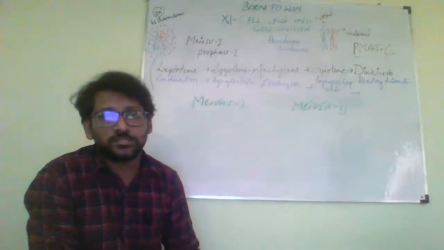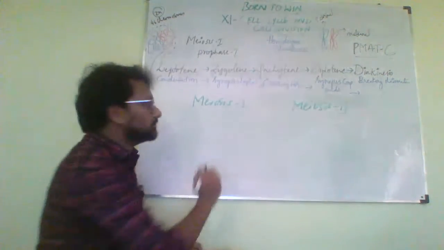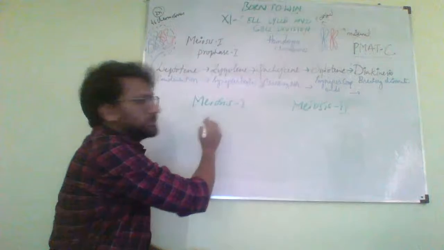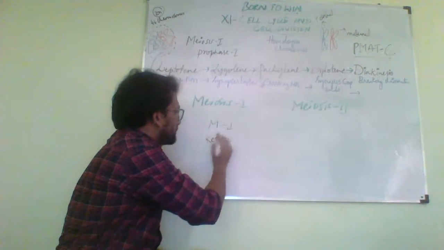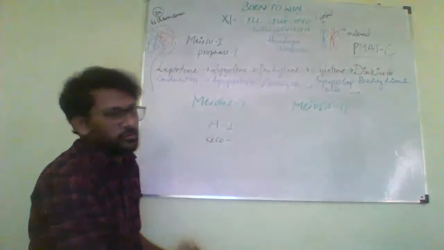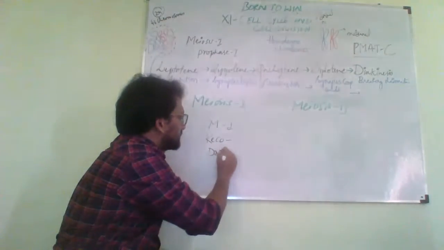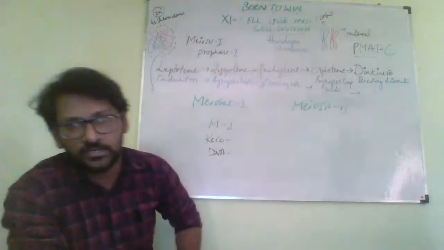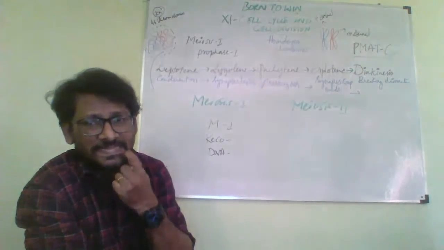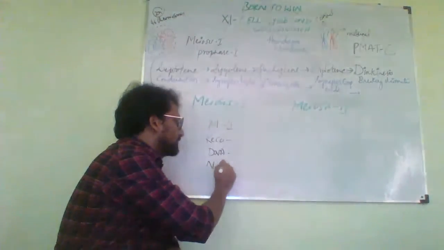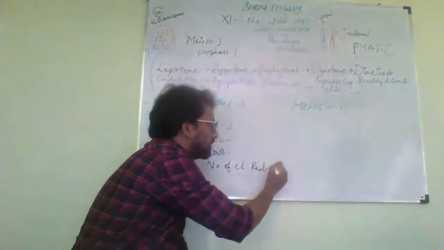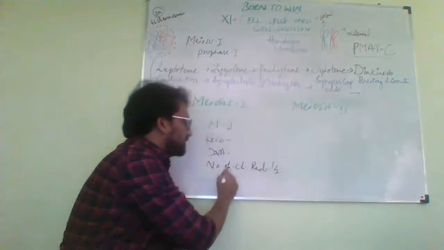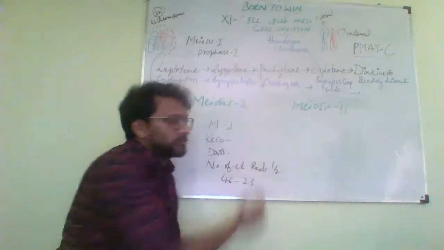Meiosis 1 is where you can see that recombination of DNA takes place, and the number of chromosomes is reduced to half. If it is 46, it will reduce to 23.